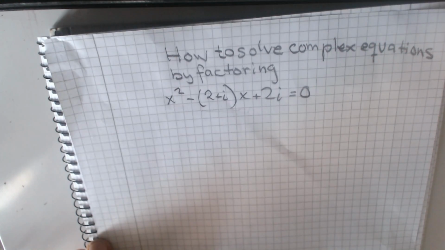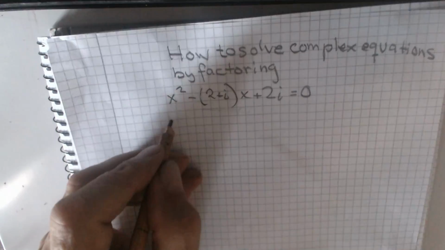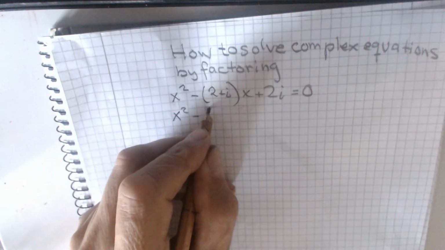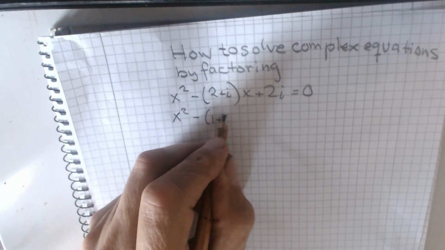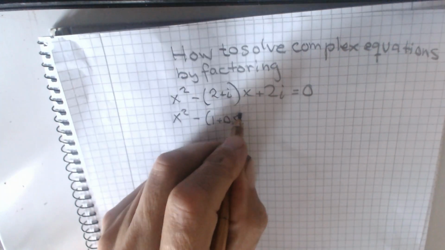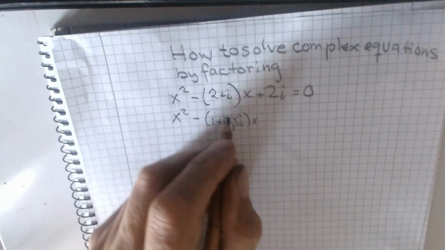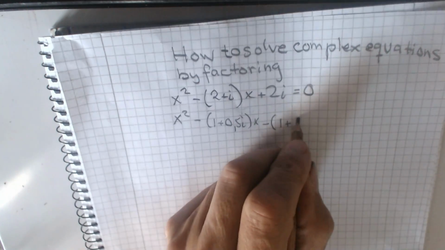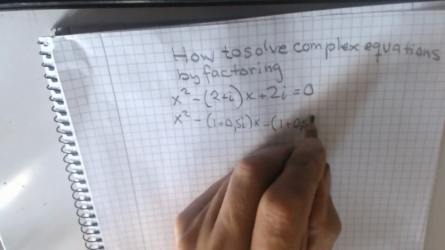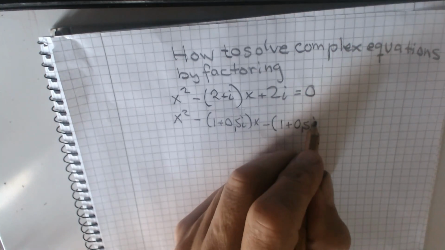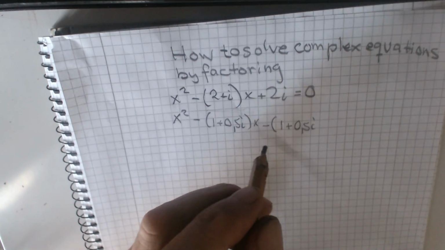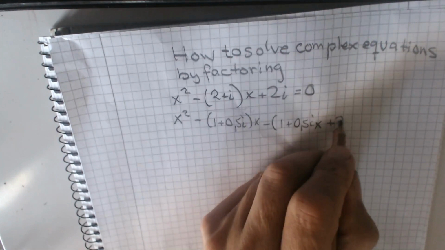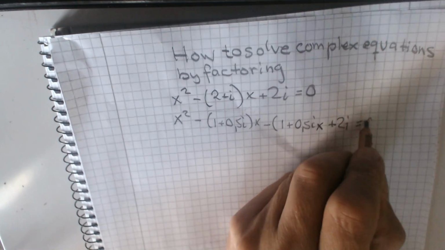So we'll rewrite this equation like this: x squared minus (1 plus 0.5i)x minus (1 plus 0.5i)x plus 2i equals 0.